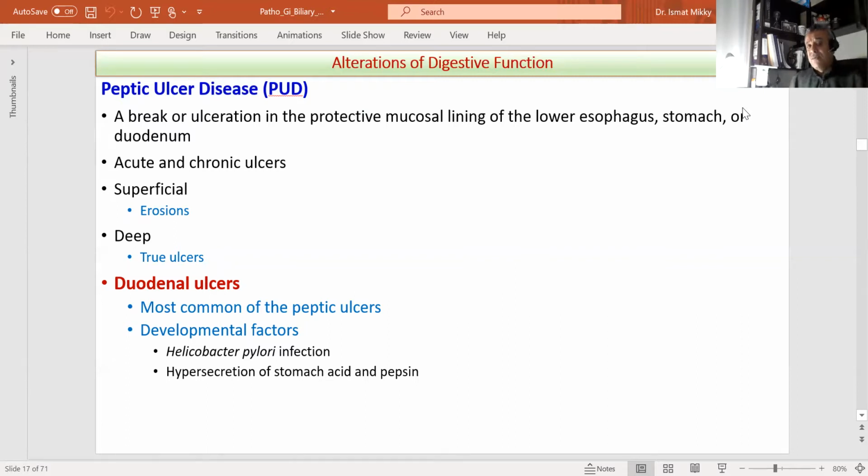The risk factors for PUD include infection of the gastric and duodenal mucosa with H. pylori, chronic use of NSAIDs, non-steroidal anti-inflammatory drugs, alcohol, smoking, advanced age, chronic disease like emphysema or rheumatoid arthritis, liver cirrhosis, obesity, diabetes. All these are risk factors for PUD.